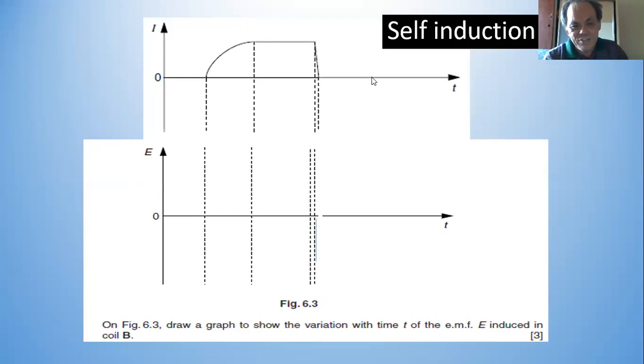The current increases very fast, so the flux is changing very fast. That is the one that produces the induced EMF. So we call that self-induction, because it is induced in the conductor itself, in the primary itself. Okay or not?